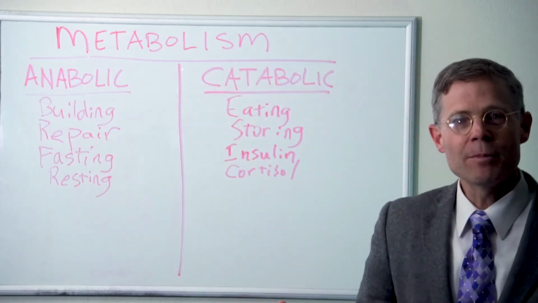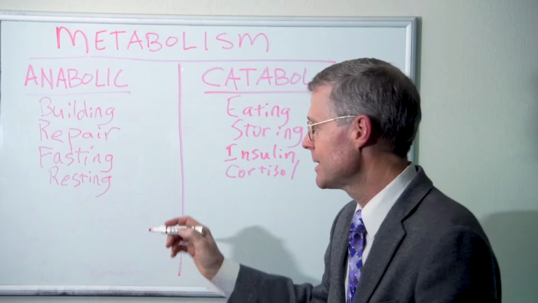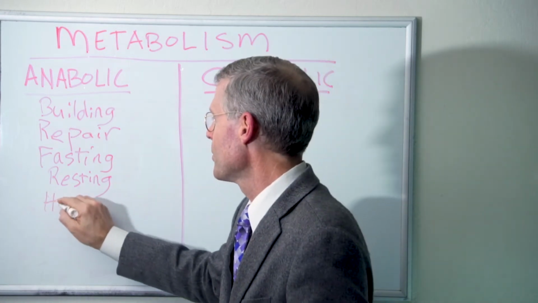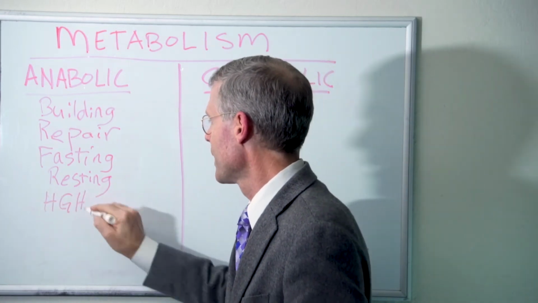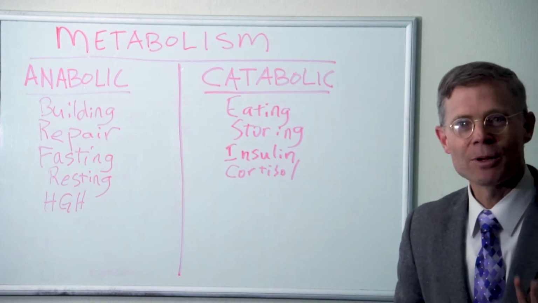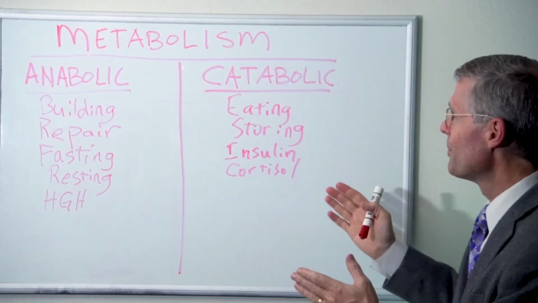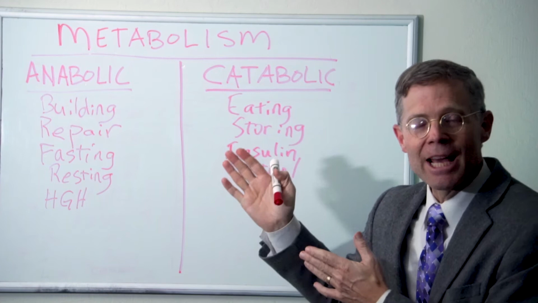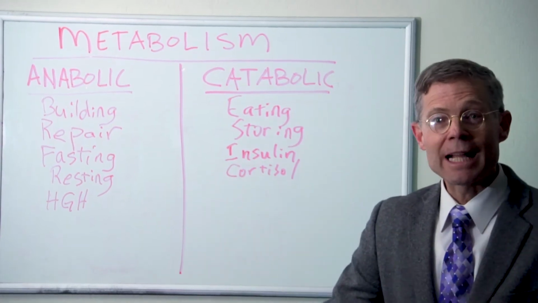The types of hormones that we find in the anabolic state are like human growth hormone, HGH, and a few other ones that we're going to talk about briefly. So, the anabolic state is very important. That's how we build up.